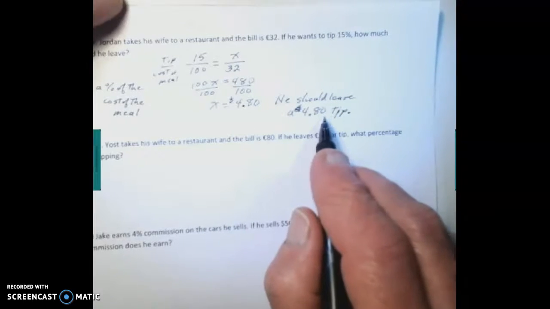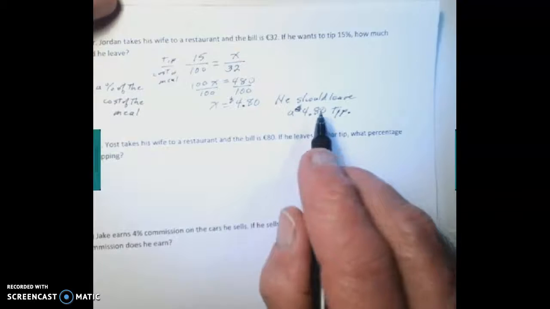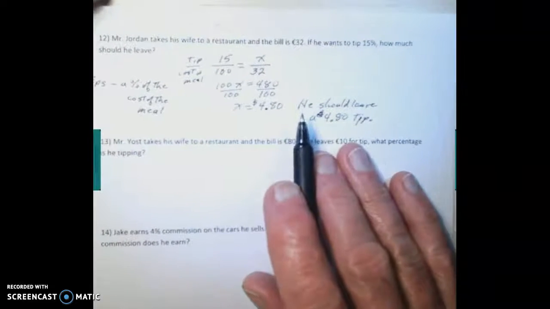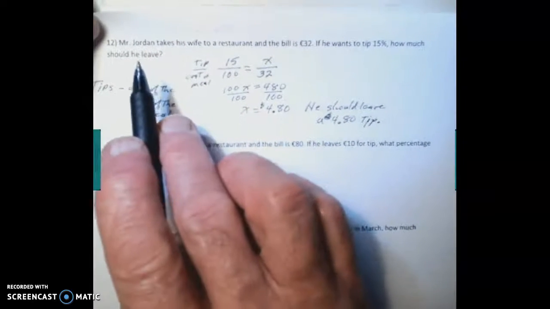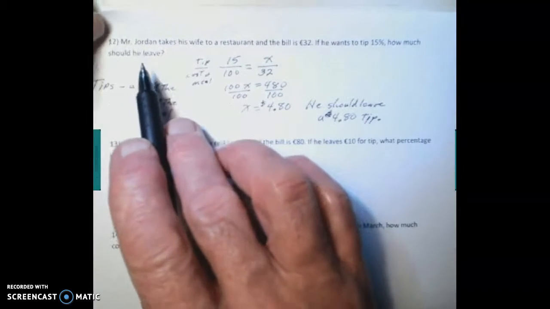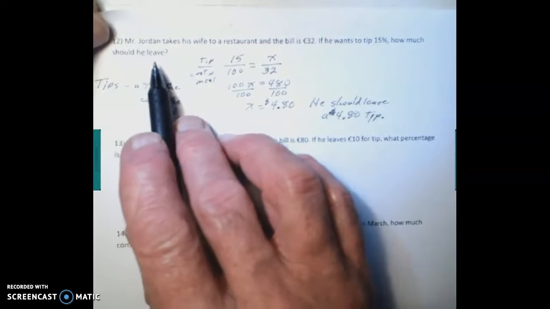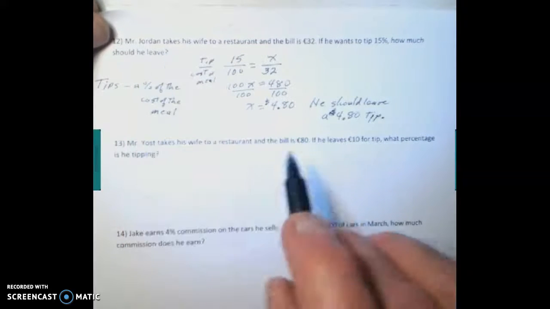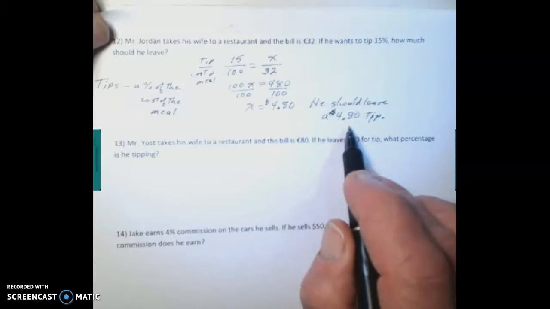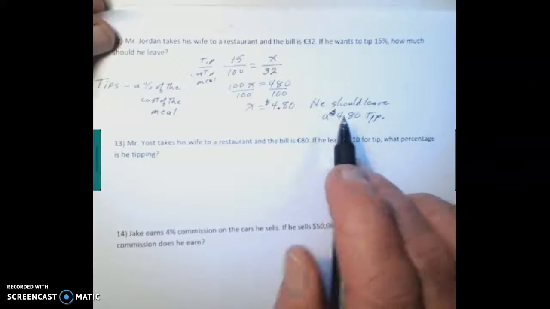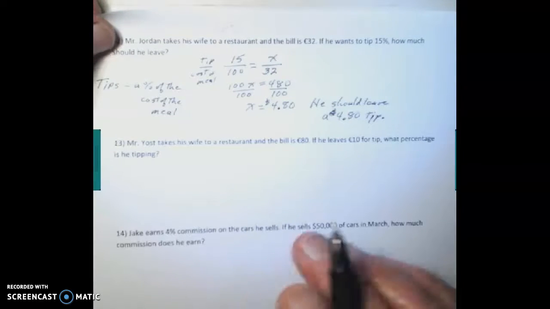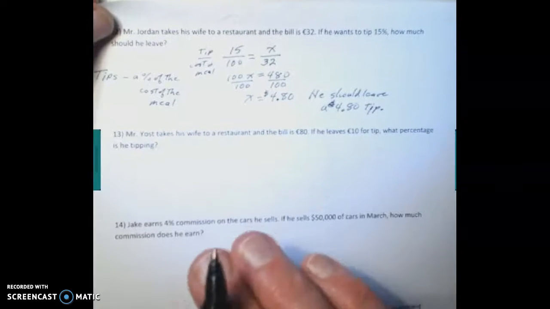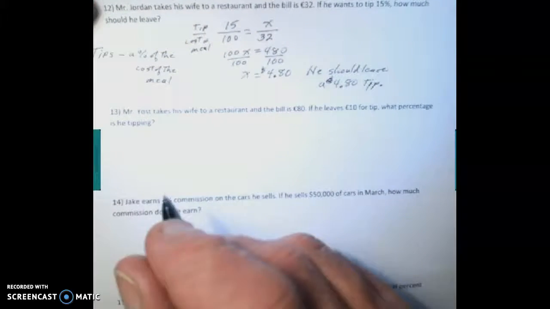I would probably have to accept that as an answer because I don't feel like this question is worded very well. It doesn't say how much he should leave as a tip. So the tip would be €4.80. The total amount he would leave would be 36 euros and 80 euro cents.